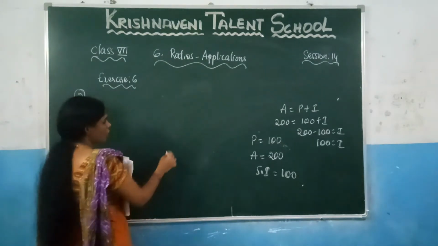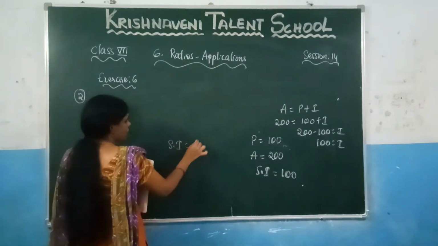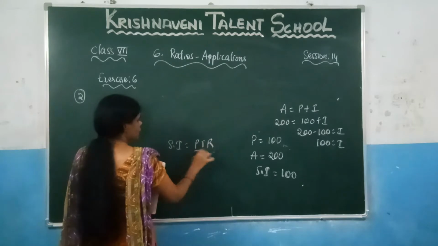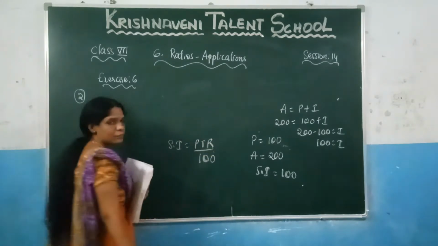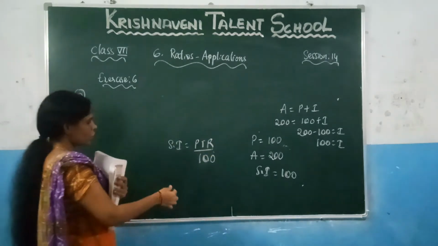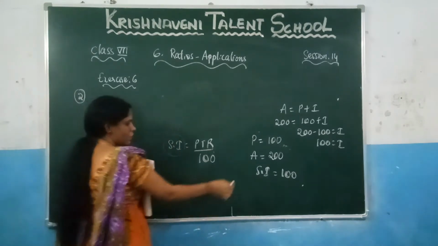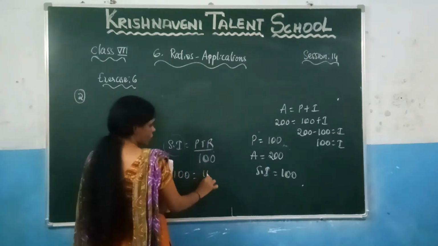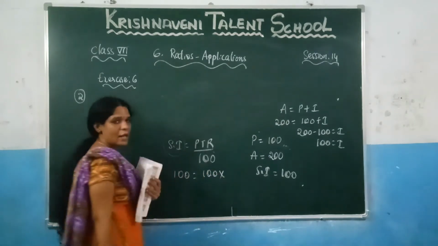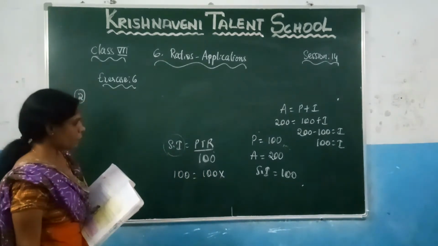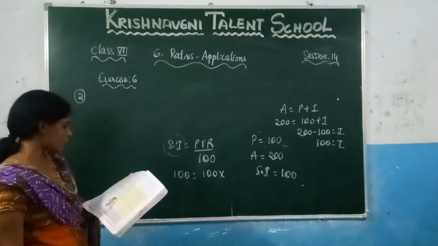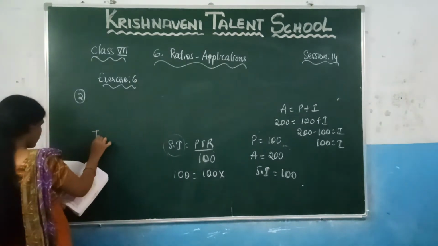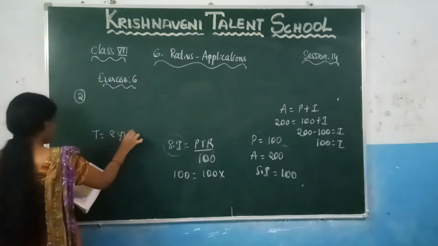So if you take the principal as 100, you got the amount and also the simple interest. Now what is the formula you know? Simple interest is equal to PTR by 100. You know the simple interest, which is 100. You know the principal, which is also 100. And the time period they have given is 8 years 4 months.